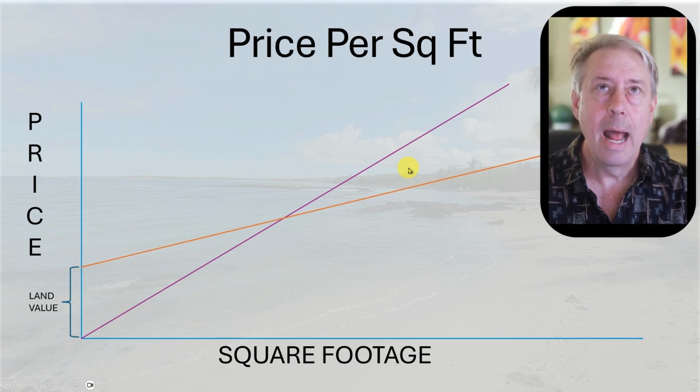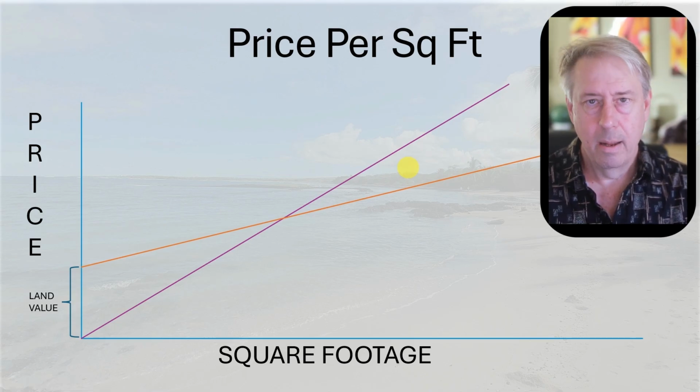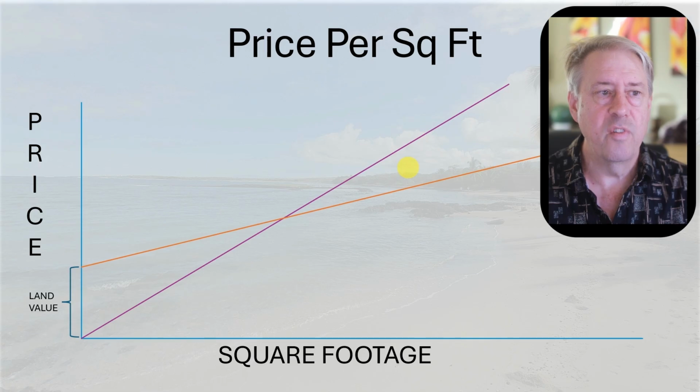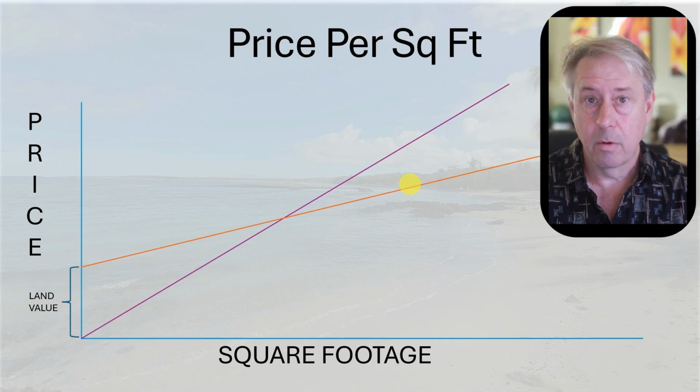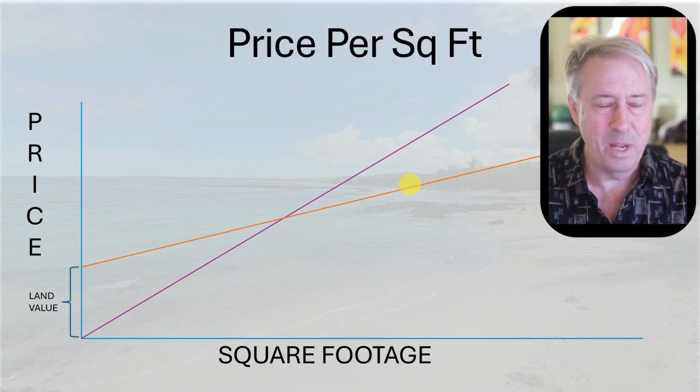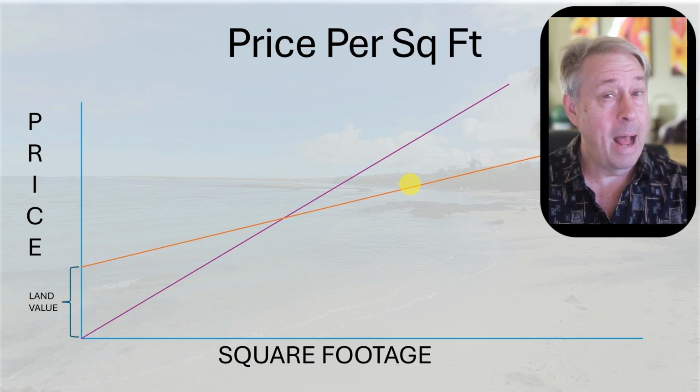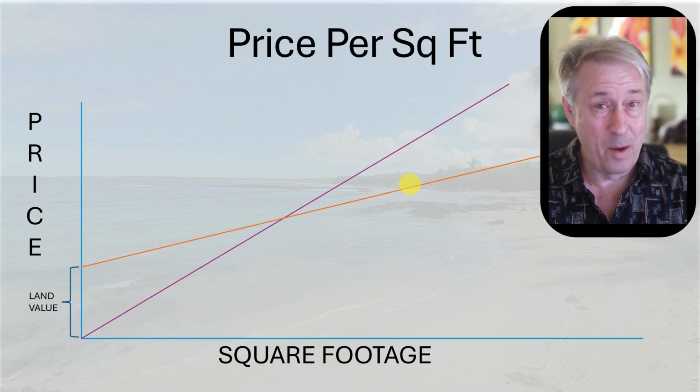If we look at actually what is the behavior of buyers as they're buying their homes, and looking at the square footage value, the math can get quite complex in describing those lines. They're called logarithmic and exponential equations. My guess is you don't want to go down that rabbit hole. I don't want to go down that rabbit hole.